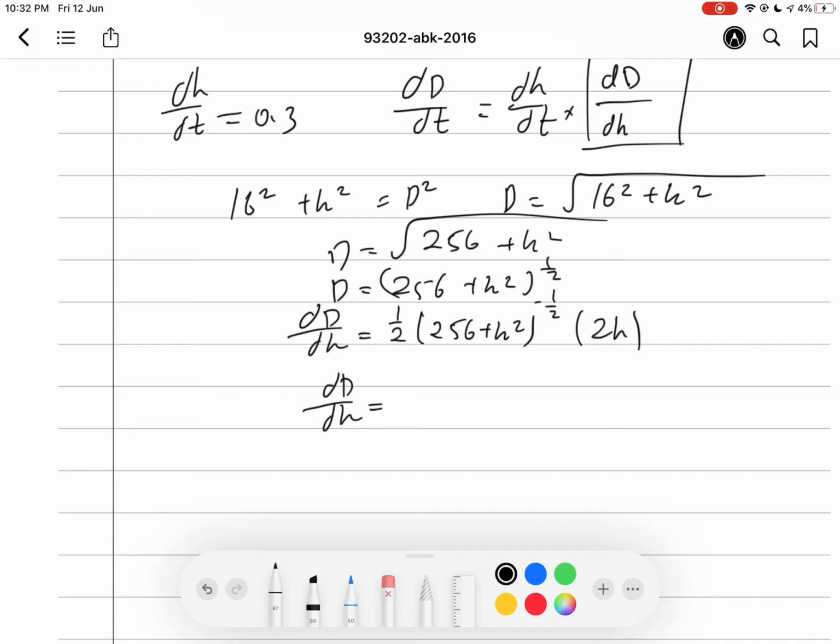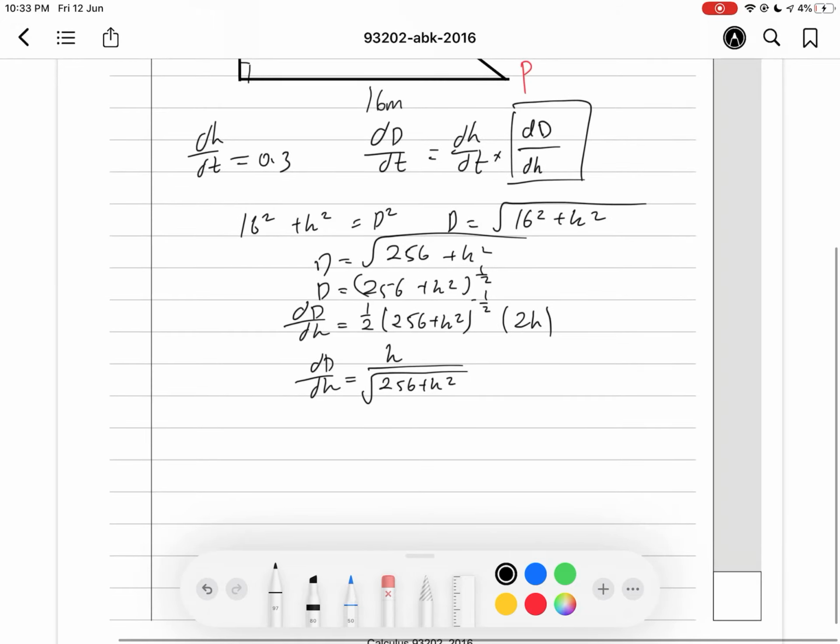Rearranging this to dd over dh, 1/2 times 2h is just h, and we know that a negative power can be rewritten as 1 over the positive power. So we can rewrite this as h over the square root of 256 plus h squared. Now we have dd over dh, that's what we were trying to find.